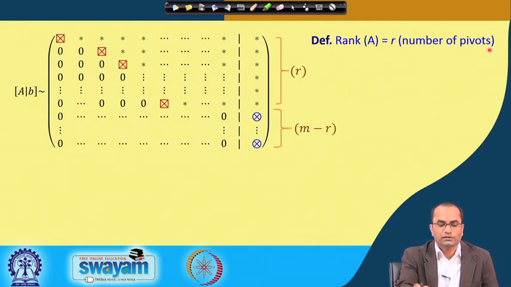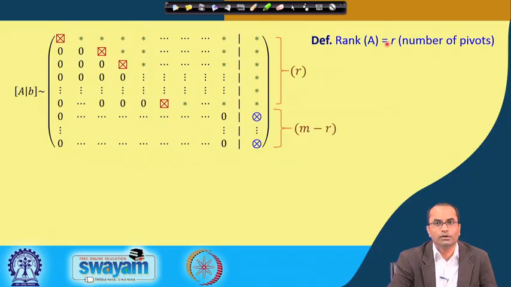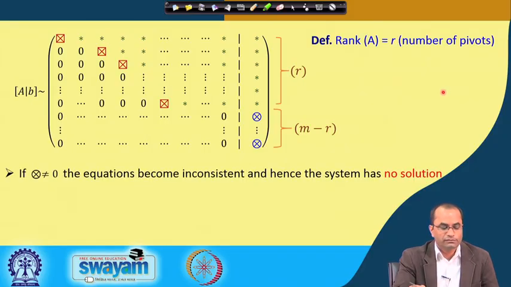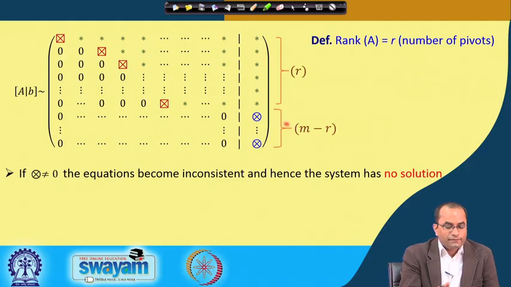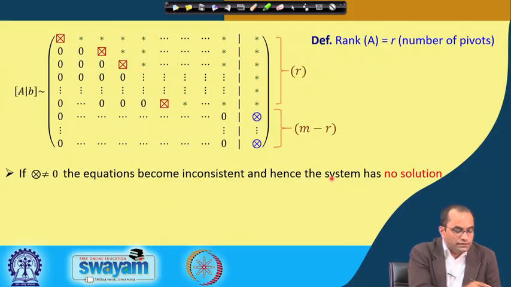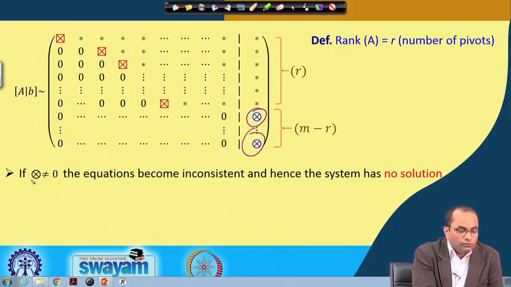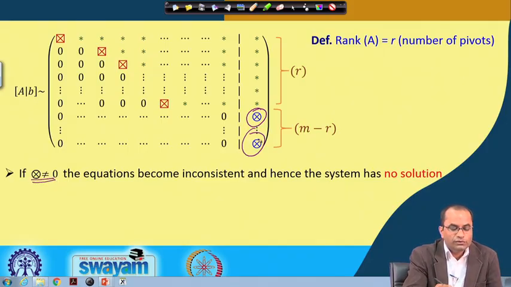With this definition we go ahead, and later on we will be talking more about rank. If the rank of A is equal to this number r, the number of pivots in our augmented matrix, then we can identify many things from this augmented matrix. The first is that if the elements in these 0 rows are not equal to 0, then the equations become inconsistent.